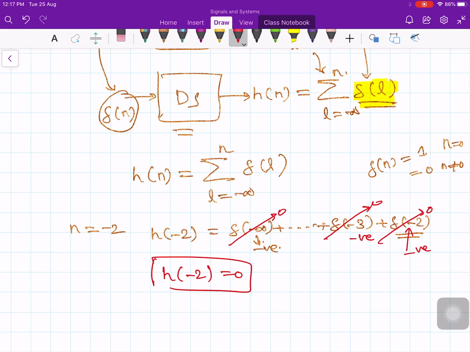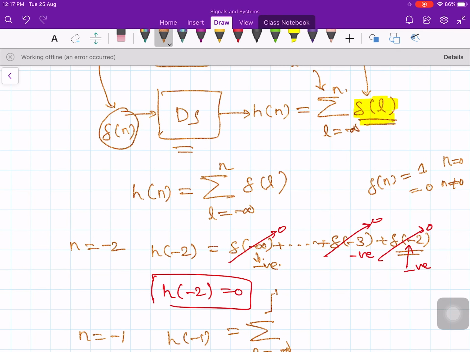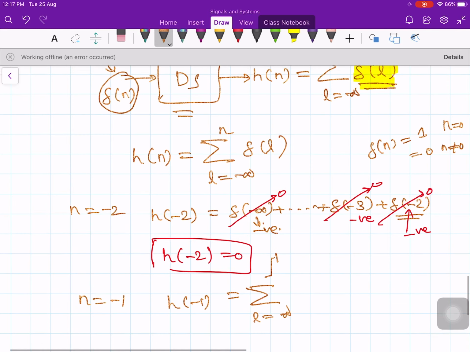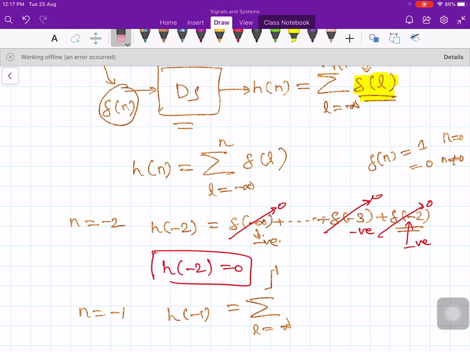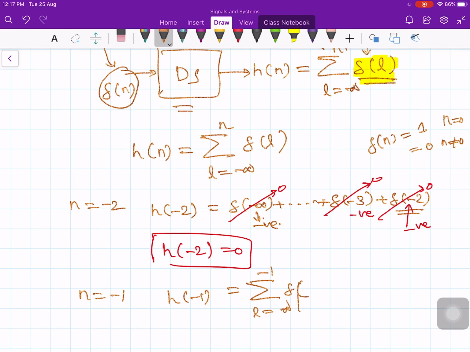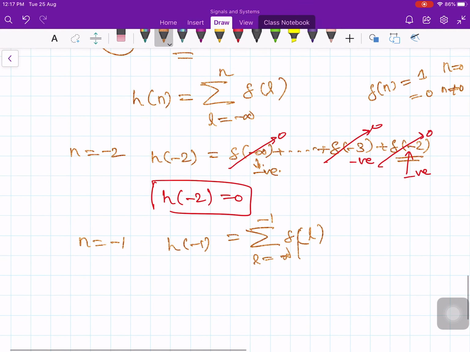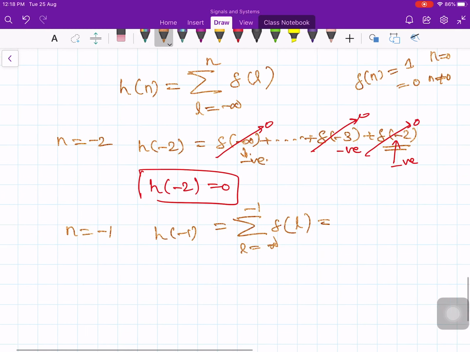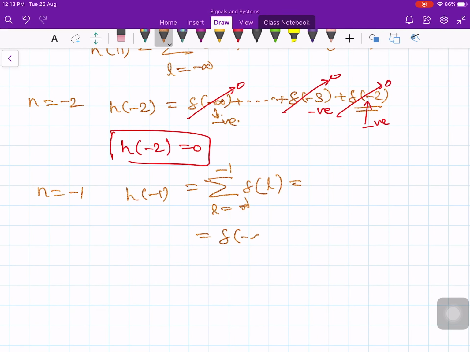Now, substitute n equals minus 1. So h of minus 1, again the same expression, L equals minus infinity to minus 1, you put minus 1 here, del of L. So this is again equal to del of minus infinity plus dot dot dot del of minus 3 plus del of minus 2 plus del of minus 1.